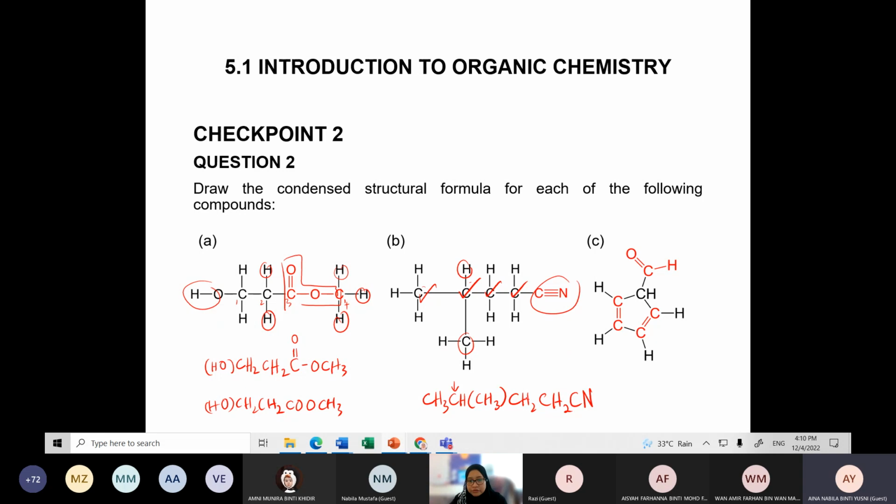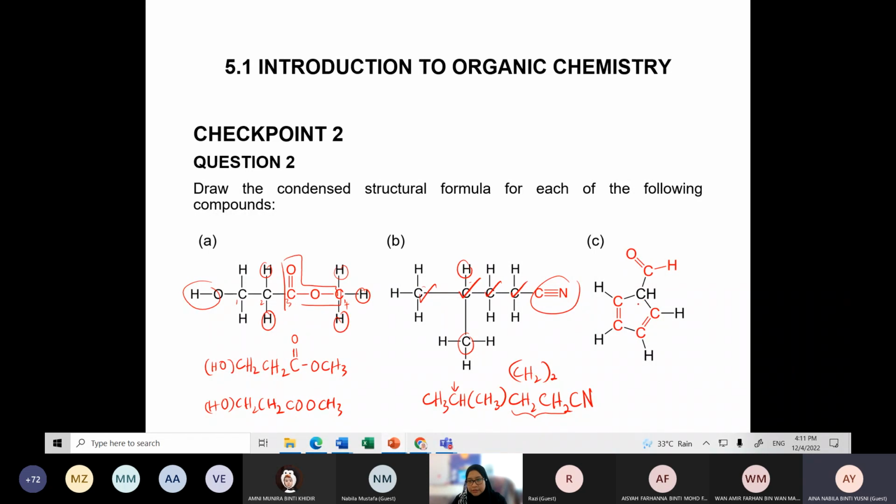You can also put this in parentheses because it is a repeating unit. So it shall be CH2 in the bracket, with subscript 2 after the bracket.